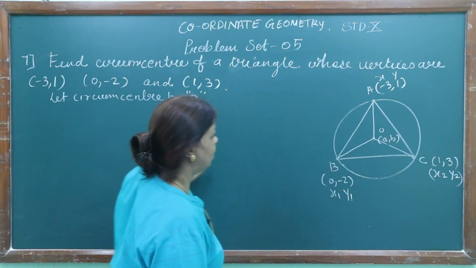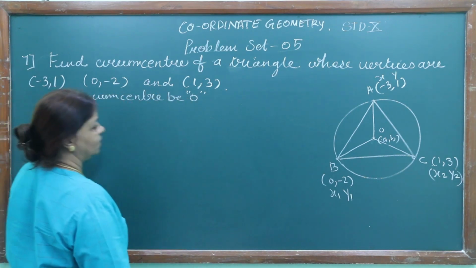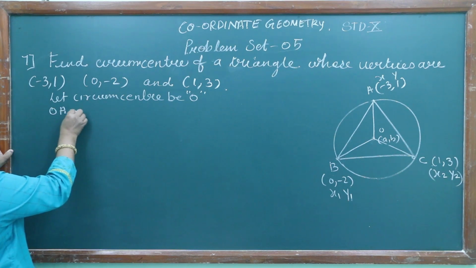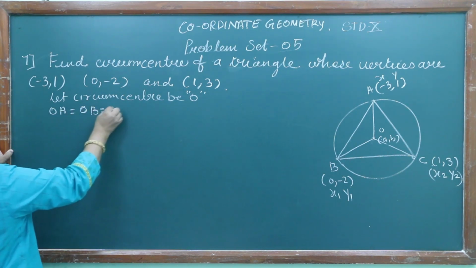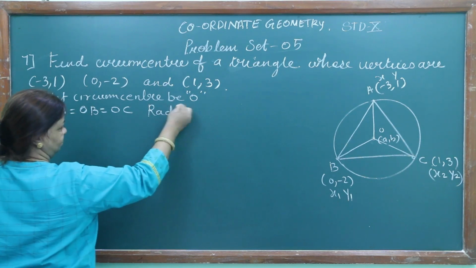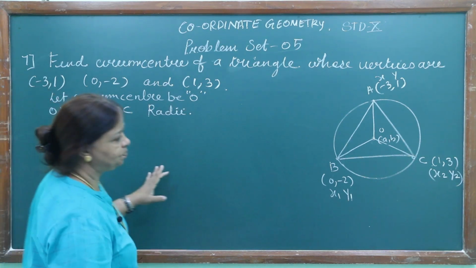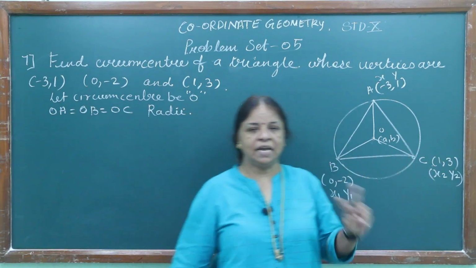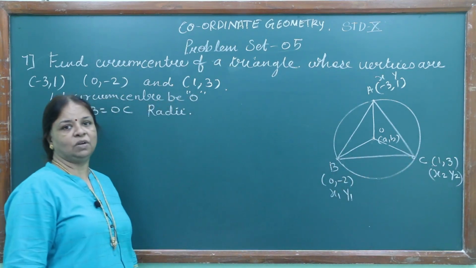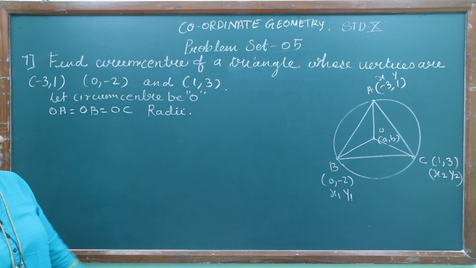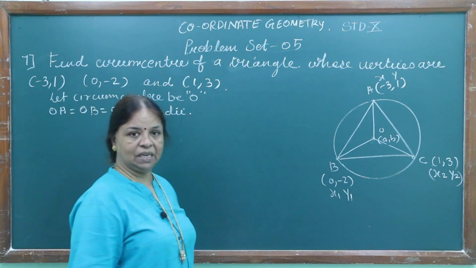Now we know if O is the circumcenter, then OA will be equal to OB will be equal to OC. And why? Because they are radii of the circle. So we will compare two times the distance by using the distance formula, and we will try to get two simultaneous equations, and then we can get the value of a and b.